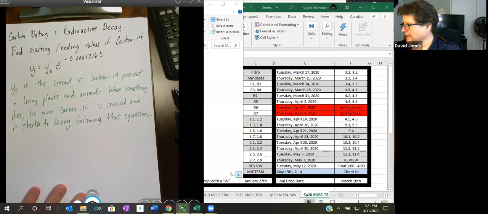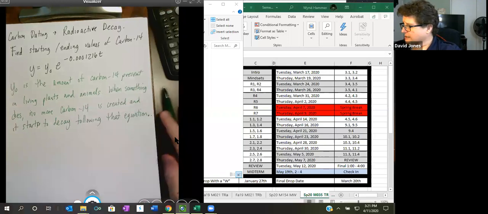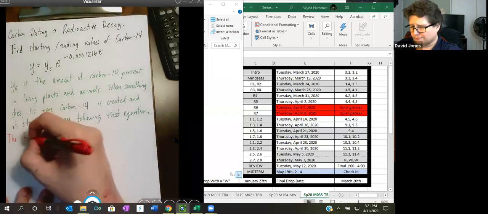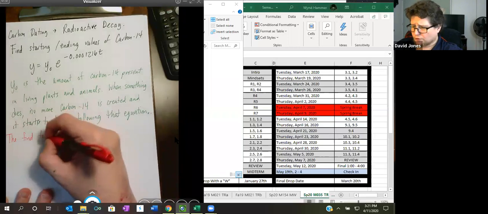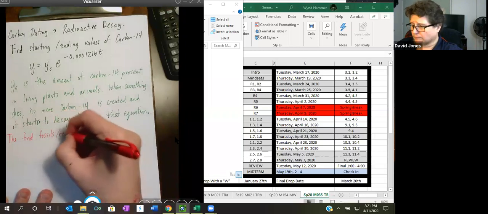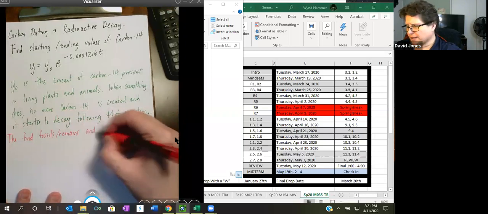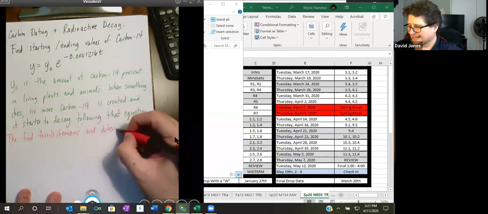And so the way they use this, they find bodies, fossils, or remains, and determine the amount of carbon-14 in it now.